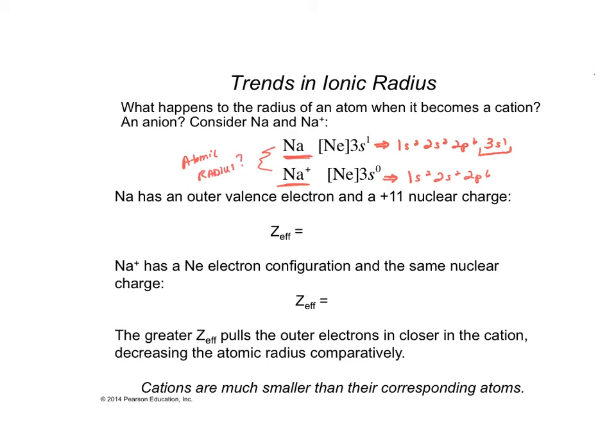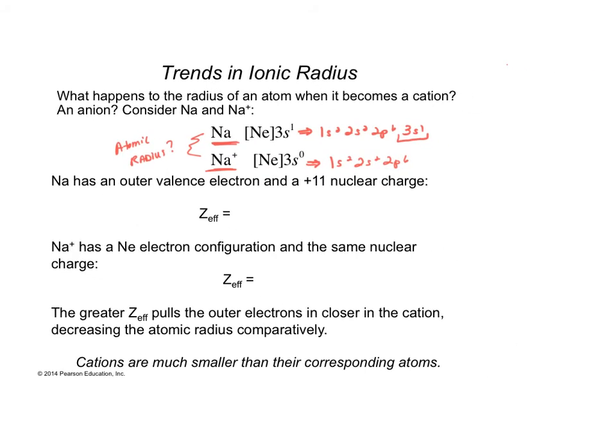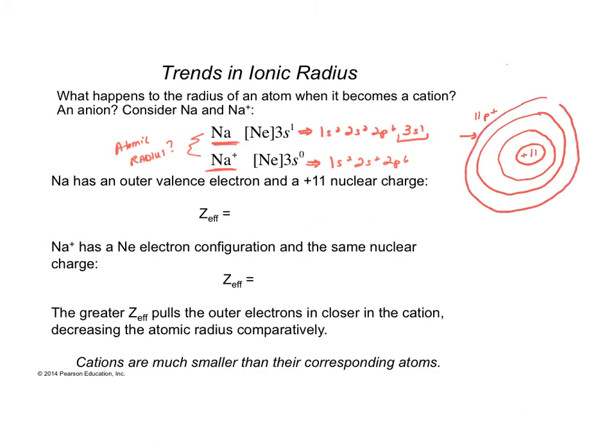All right, so we're going to go back to this concept of effective nuclear charge to help explain this. For example, if we look at sodium, sodium's going to have 11 protons in the nucleus, so it's going to have a +11 pull towards the nucleus. It's got 1s2, the 2s, and then sodium by itself has this one lone electron hanging out here.